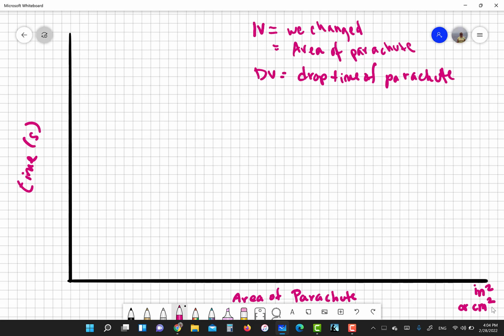And what I want to do is divide my x-axis into equal parts. This is the part that a lot of people have trouble with. So what I'm going to start doing is counting how many squares I have along my x-axis. So I have 1, 2, 3, 4, 5, 6, 7, 8, 9, 10.